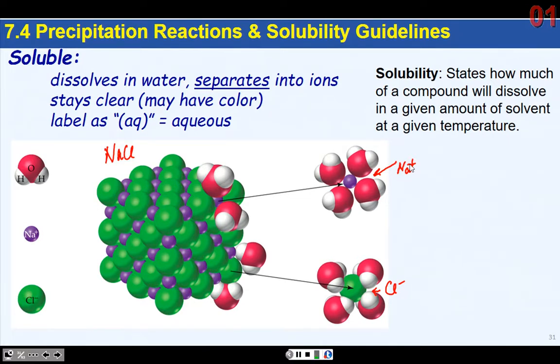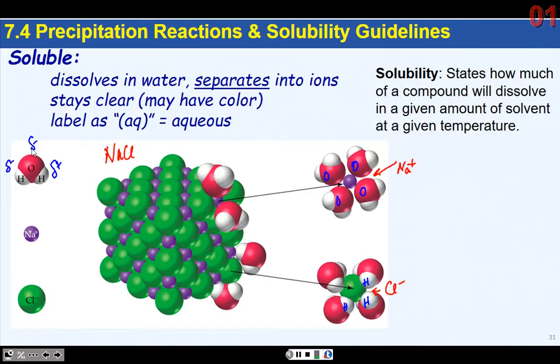Notice that the oxygen side of water is attracted to the sodium ion, and the hydrogen side is attracted to the chloride ion, because the hydrogen has a partial positive charge and the oxygen has a partial negative charge.